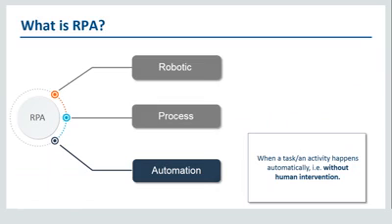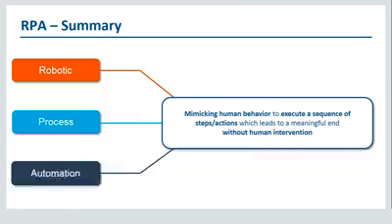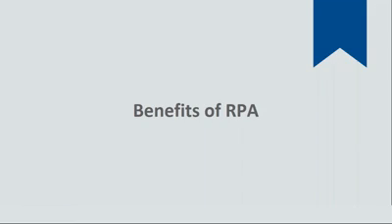And automation basically means when a task is done without human intervention. So if you were to combine these three definitions, it means machines which can mimic human actions to perform a sequence of steps which lead to a meaningful activity without human intervention is known as robotic process automation. All right. So this is what RPA is all about, guys.